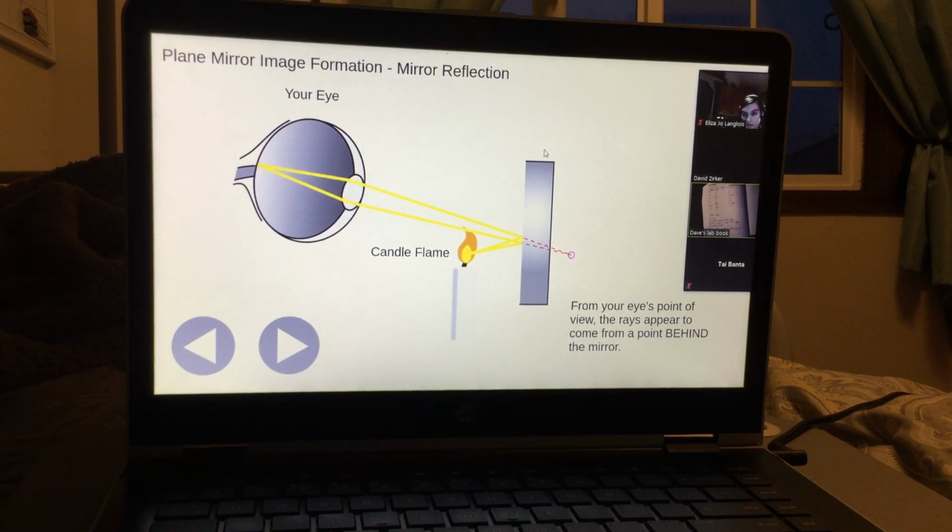So the virtual image, if you look at this, you see these dotted lines going through the mirror? That virtual image is not a real image, it's fake. It's as if it was going through the mirror. So the real image is bouncing off the mirror, bing, and goes into your eye, and then there it is. That's the real image. But this virtual image is kind of fake.